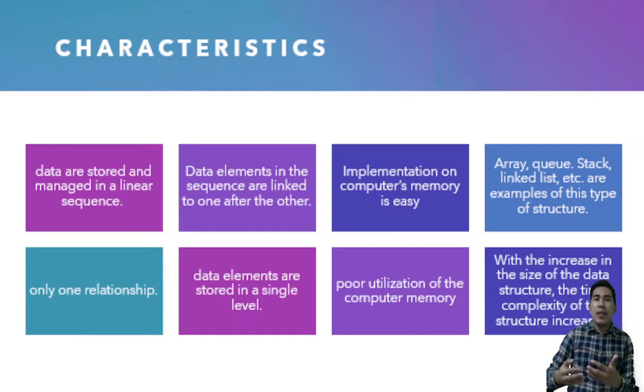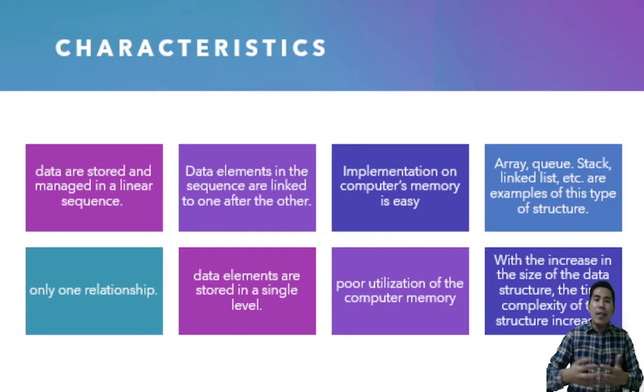Another one is that implementation of linear data structures in our computer's memory is easy, as the data is organized sequentially. Examples of linear data structures are array, queue, stack, linked list, vector, array list, and many more.